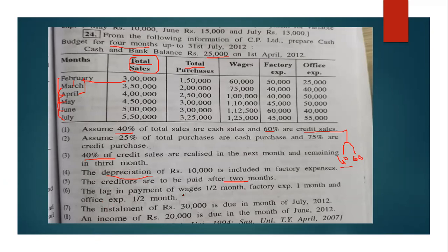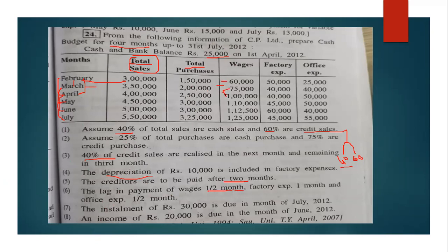The lag in payment of wages is half month. Now what does half month mean? If we are calculating for March, wages will be 50% of February and 50% of March. In the same way, in April, 50% of March and 50% of April.